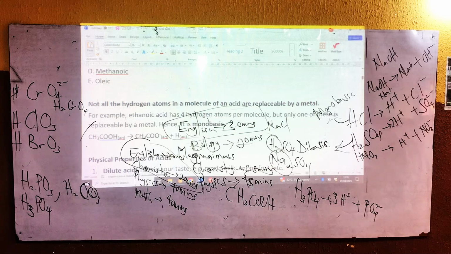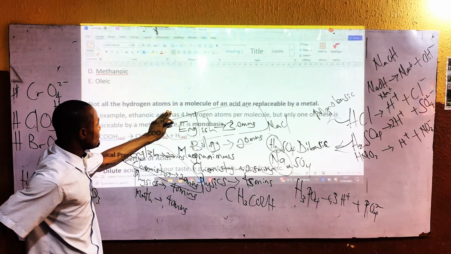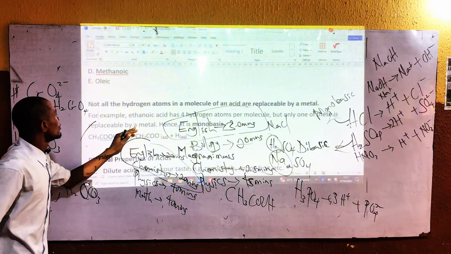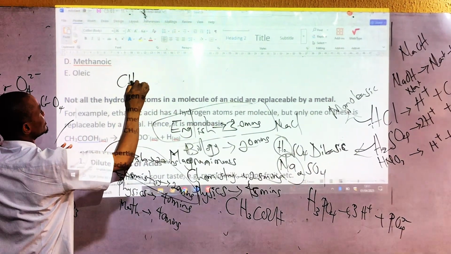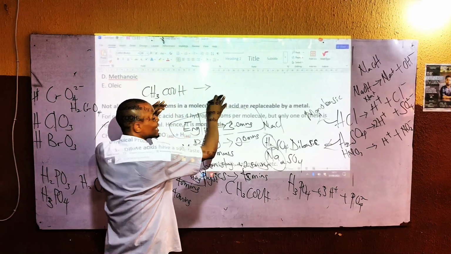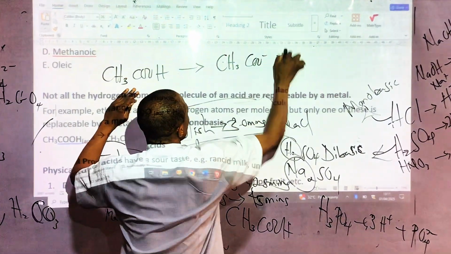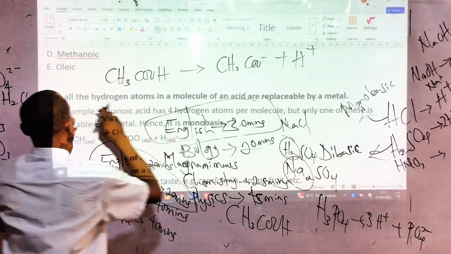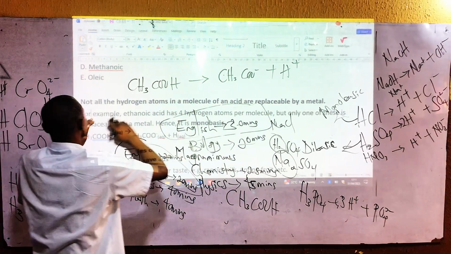Now, not all hydrogen atoms in a molecule of an acid are replaced by a metal. For example, ethanoic acid is a weak acid; it dissociates partially.